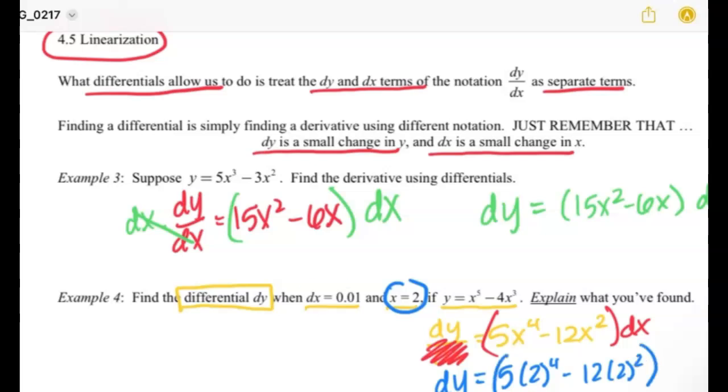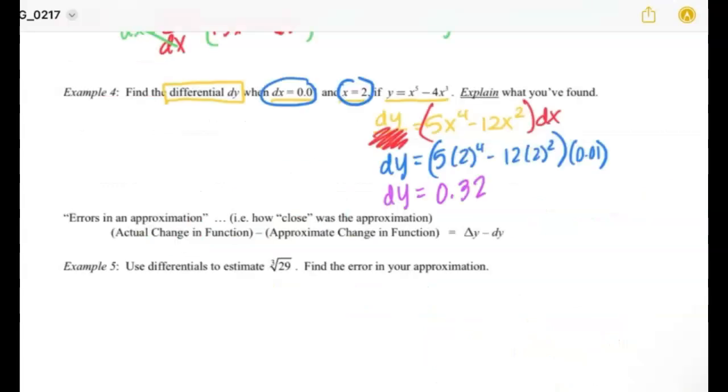And our change in x is 0.01. Again, throw it in your calculator. We could just use our calculator in the first place, but this is, again, the math that's going on in your calculator. So throw that in and see what value you get for dy. Alright, you should get the change in y to be 0.32.